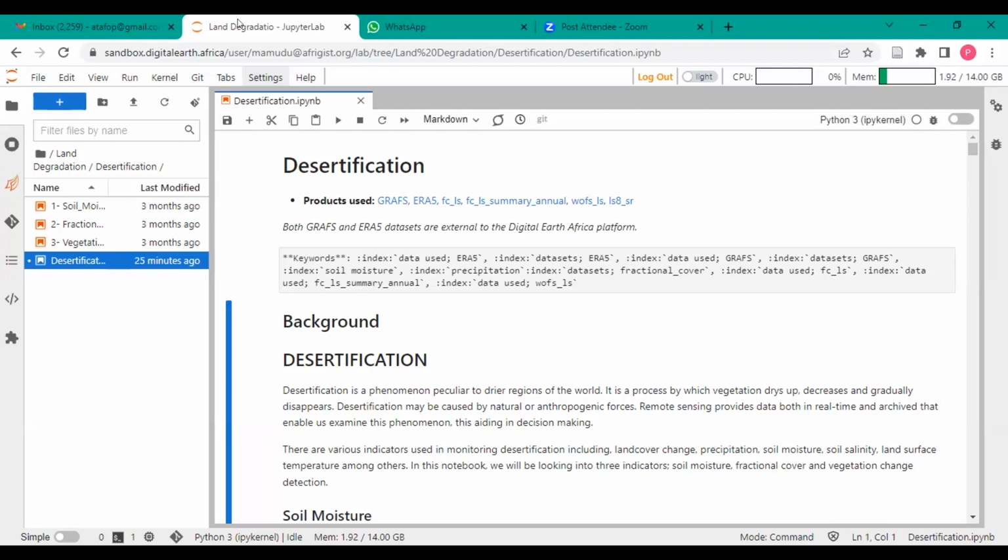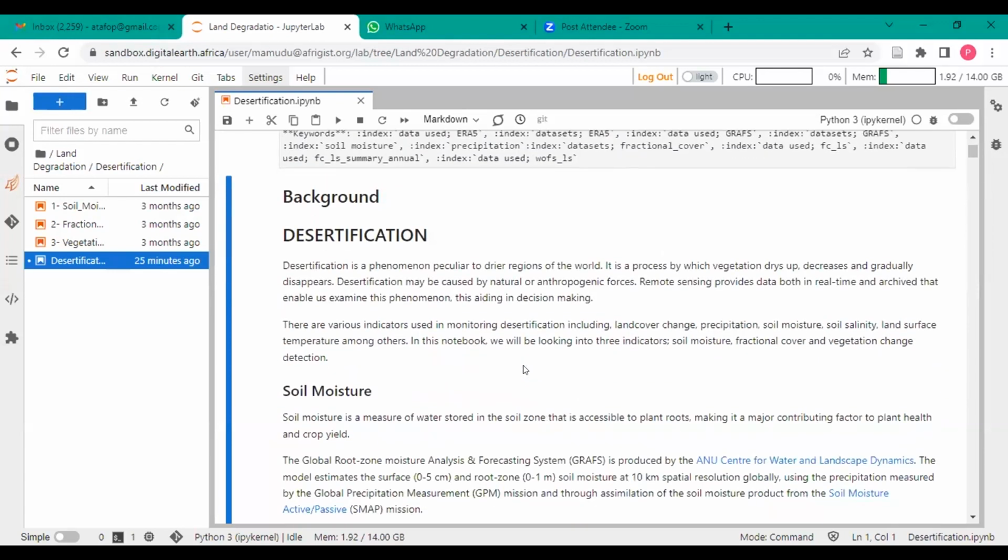Now, this notebook is bringing together three major indicators of desertification. In this notebook, we're looking at soil moisture, fractional cover, and vegetation change as they indicate towards desertification. We're looking at how they play together to enable us to analyze the phenomenon that is desertification.